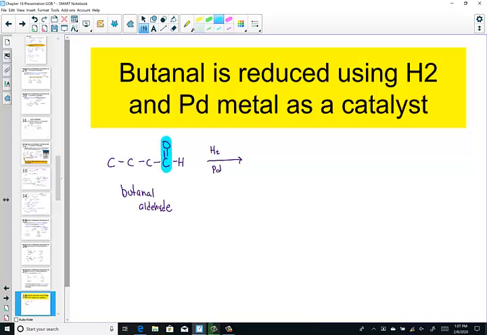Change that into an alcohol and just redraw. 1, 2, 3, 4. At carbon number 1 is still that original hydrogen, and now leading up is an OH group. The carbon receives a 4th bond as the other hydrogen, and you're adding on a hydrogen to the oxygen as well.